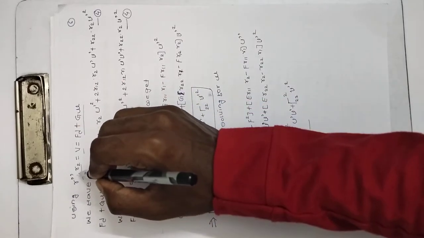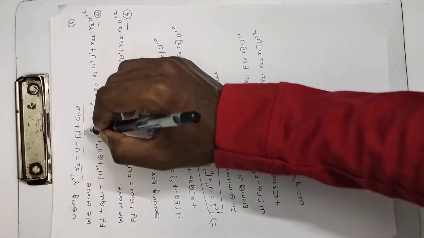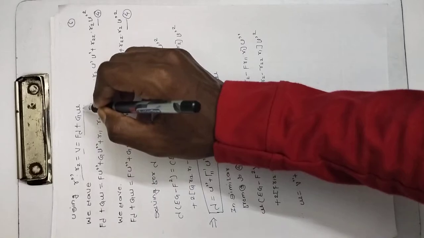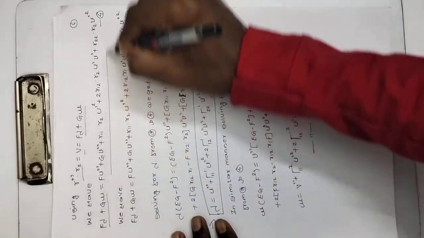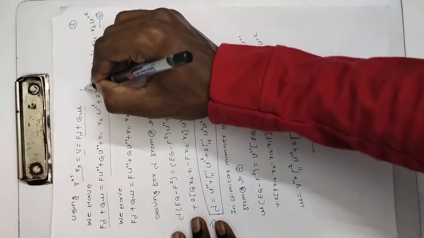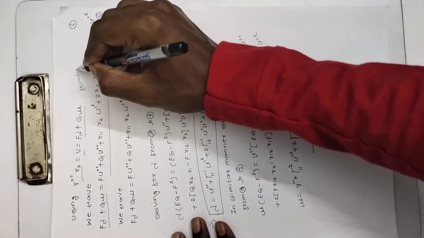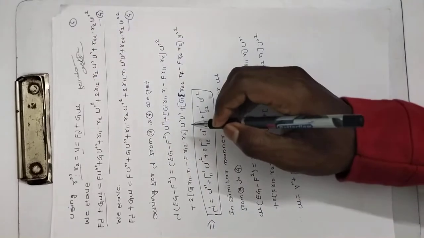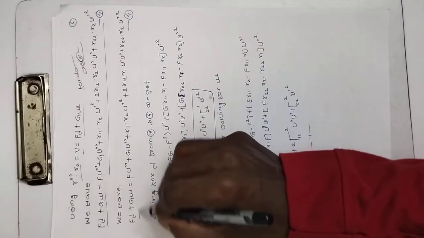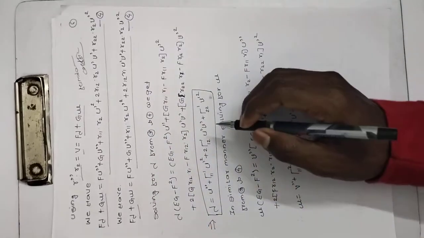So r double dash dot r2 can be written as F lambda plus G mu, which is equal to this term by using the fundamental coefficients. So we have this equation, equation 4.